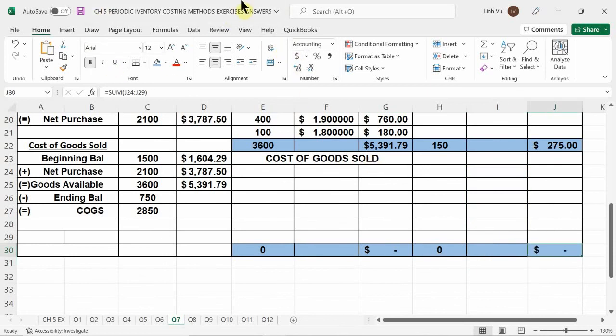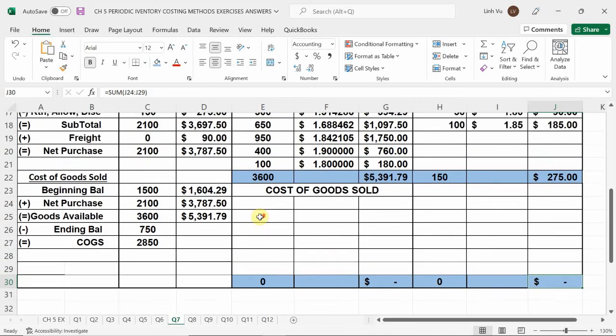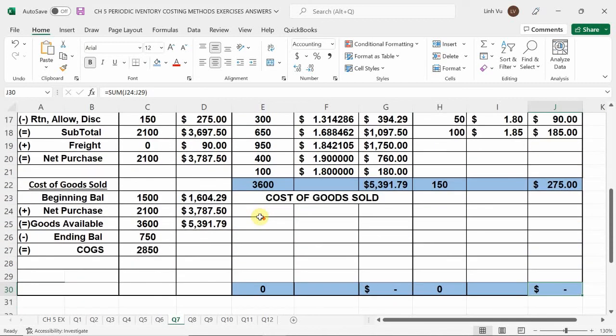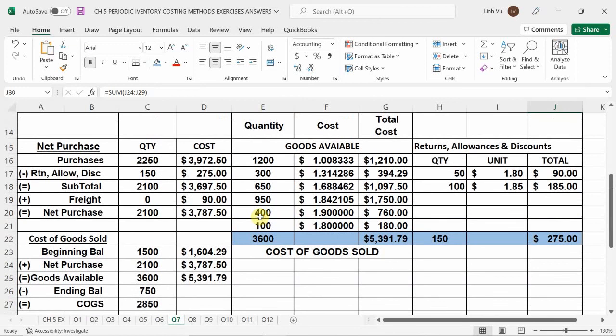Okay. And so let's go ahead and go through all the batches of inventory and sell them one at a time. So in this case, if I'm using LIFO, which batch of inventory am I going to sell from first? The last one. The last one of 100 at $1.80, which gave us a total of 180.